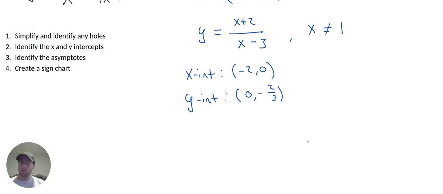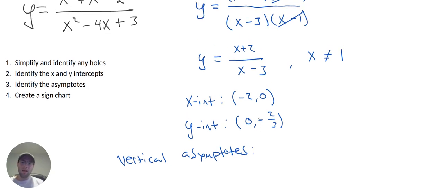Let's look for vertical asymptotes first. Vertical asymptotes are going to occur when our denominator equals 0.